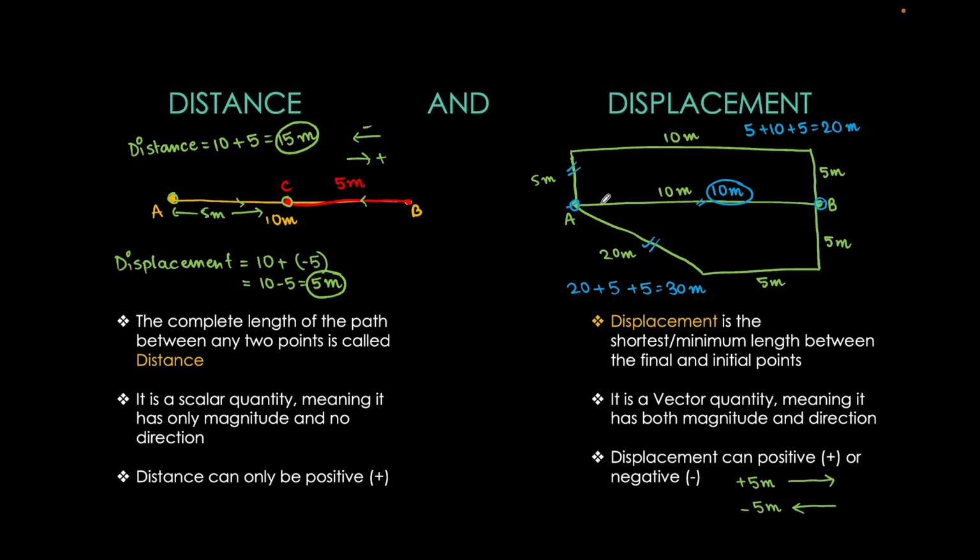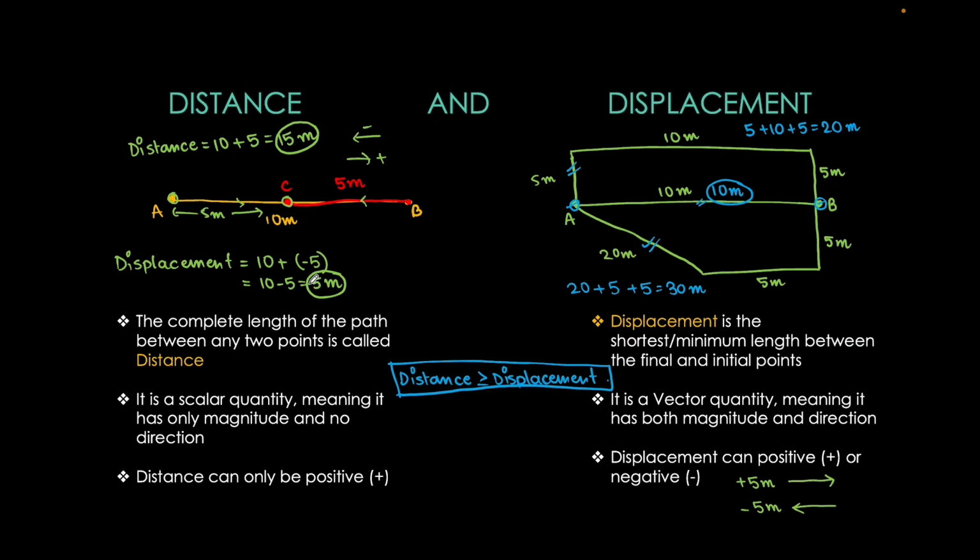Okay. And also from this we derive a very important observation, that distance is always greater than or equal to displacement. Always remember this, and this is one of the most important concepts in motion.